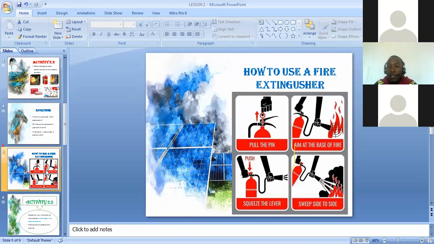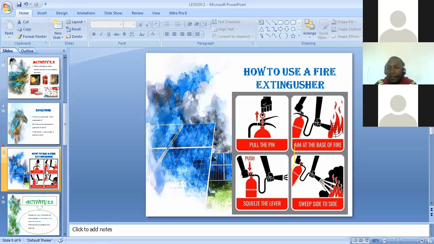You're going to see what we are calling a lever, and that lever will have a pin. The pin locks up the fire extinguisher. So pulling out the pin unlocks the fire extinguisher. That is step number 1.